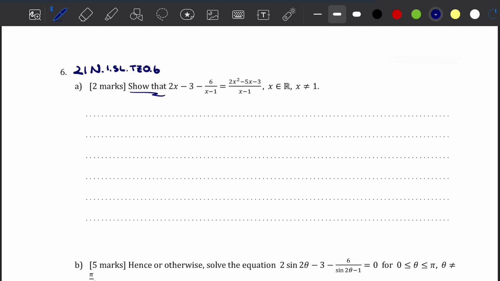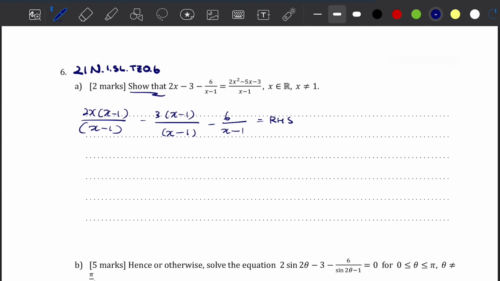First, we're going to turn every single term on the left hand side into fraction form. So 2x times x minus 1 over x minus 1, minus 3 times x minus 1 over x minus 1, minus 6 over x minus 1, is equal to the right hand side.